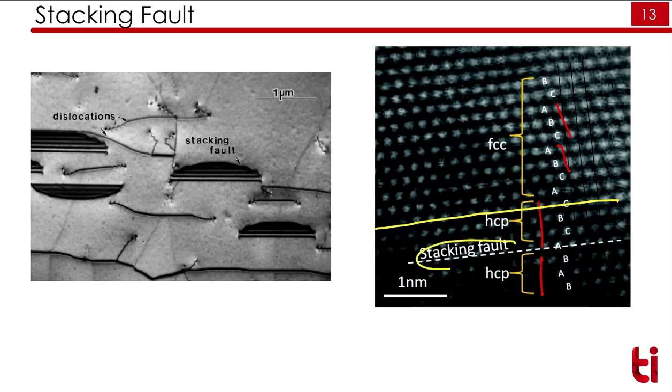So the stacking fault is this layer of atoms, that is ABC, ABC, and this ABC and C is here extra. This is an extrinsic stacking fault. And if you look under a microscope, you can see the stacking fault also.